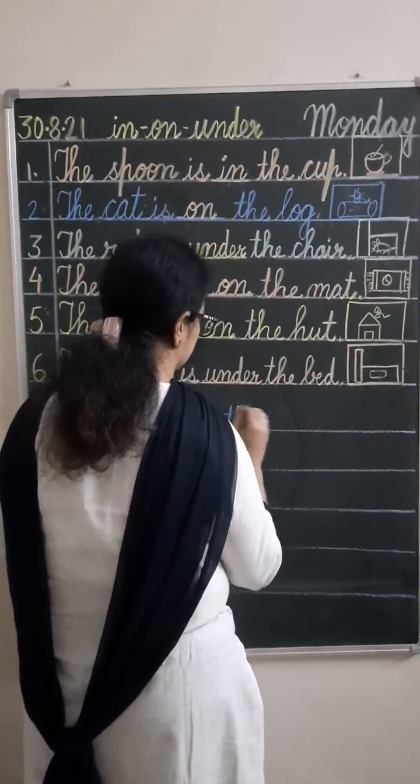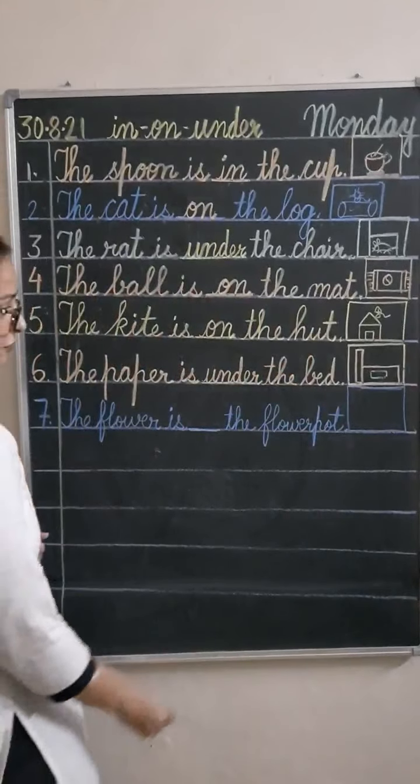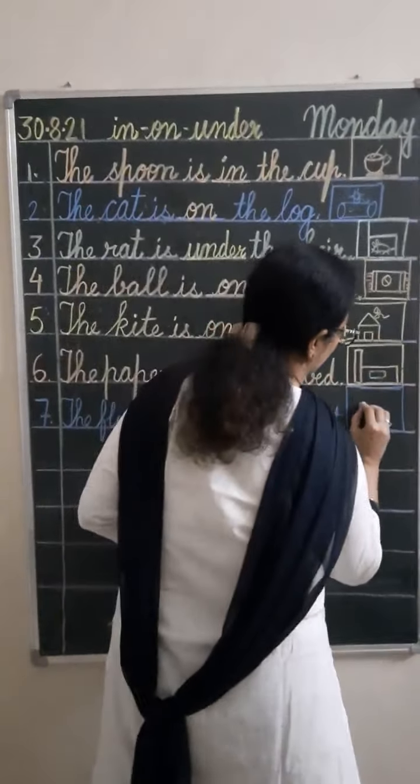Okay, box. Okay, the flower is dash the flower pot. Okay, here we will draw a flower pot like this. Okay, and here we'll make a flower. Okay, now where is the flower?